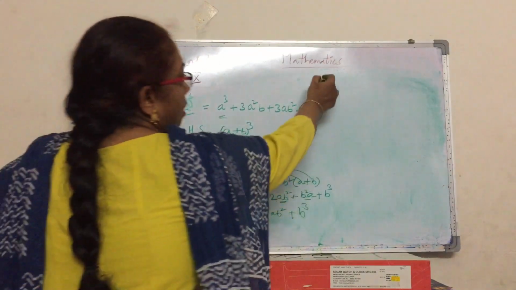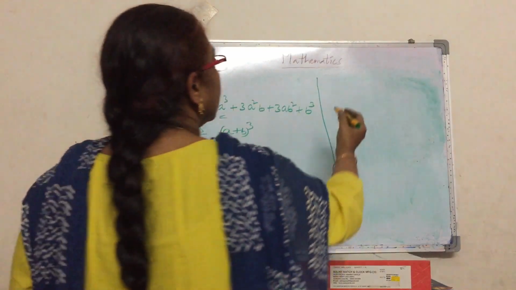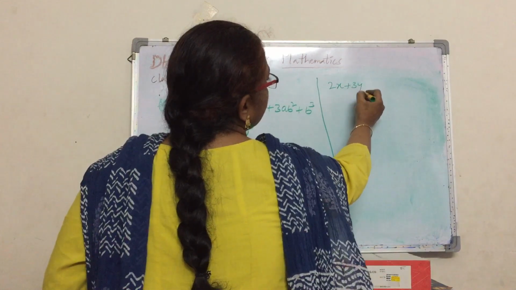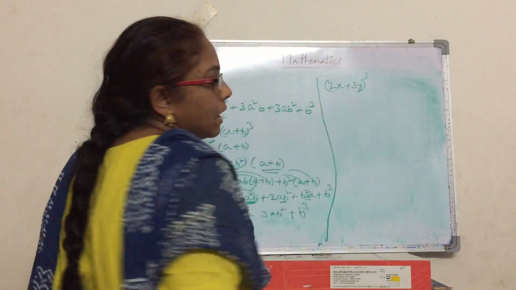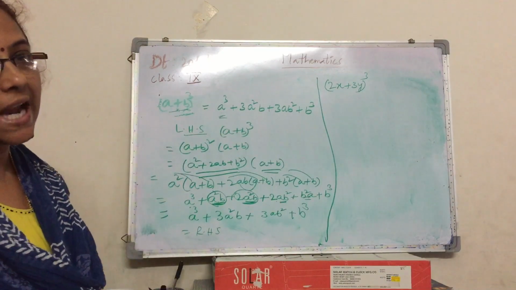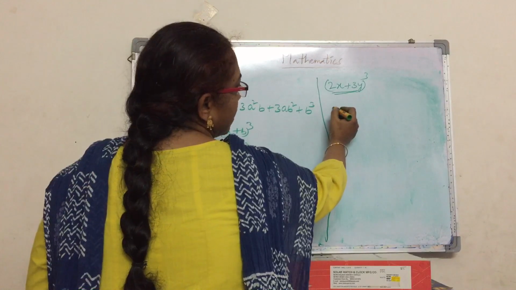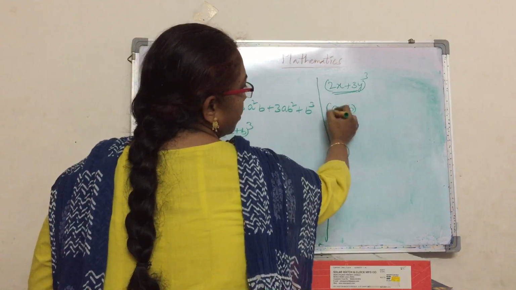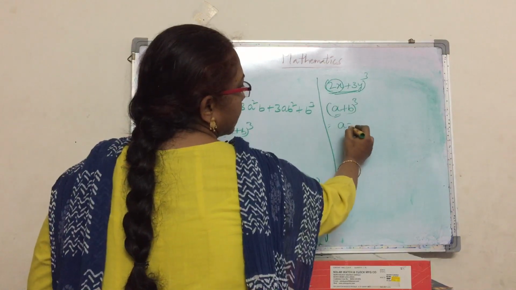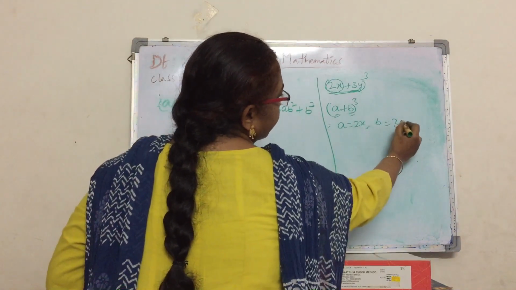Now on this formula we do one problem. Now take 2x plus 3y whole cube. Now we will see how to expand this by using this algebraic identity. Now comparing the given expression with the a plus b whole cube. Now in place of a, what is here? 2x. In place of b, what is here? 3y.